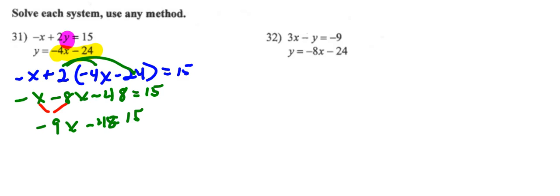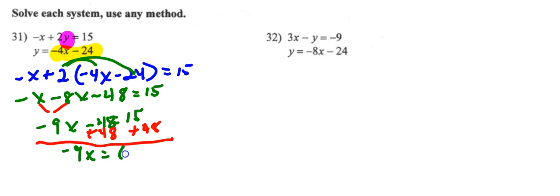Let's move that 48 over. And we will get negative 9x equals 63. And we'll divide both sides by negative 9. And we'll get part of our final answer, which is the x value, is negative 7.